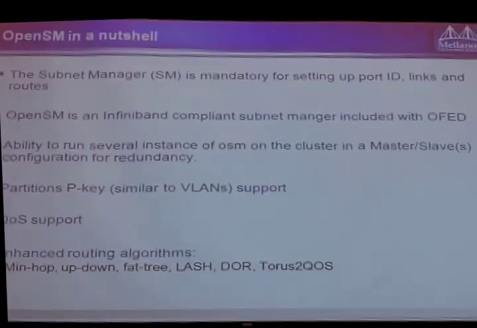So there's a version of the subnet manager called OpenSM. It's an InfiniBand compliant subnet manager, and it's included with the OFED stack. You can run several instances of OpenSM on the cluster in a master-slave configuration for redundancy. It has a bunch of other really nice features. One of those is QoS. QoS allows me to have different service levels for different types of traffic.